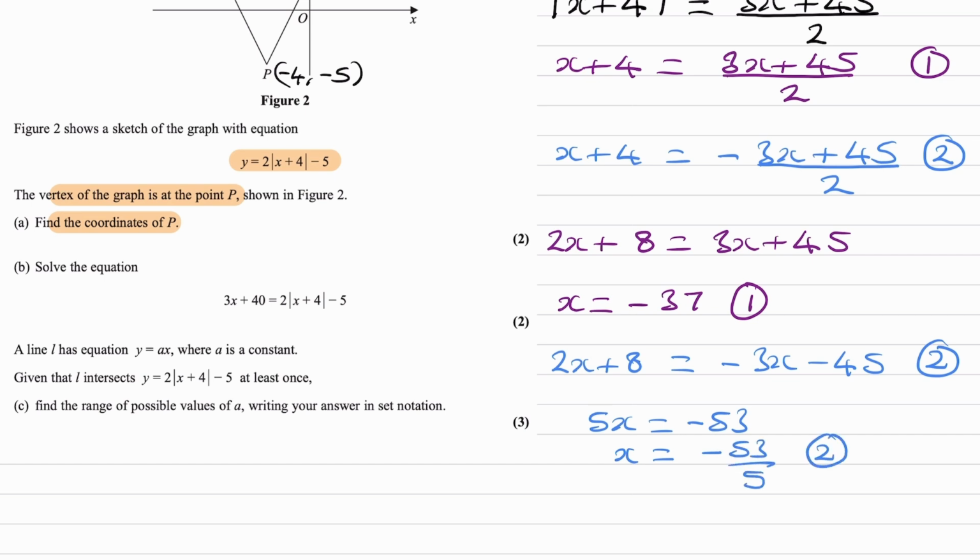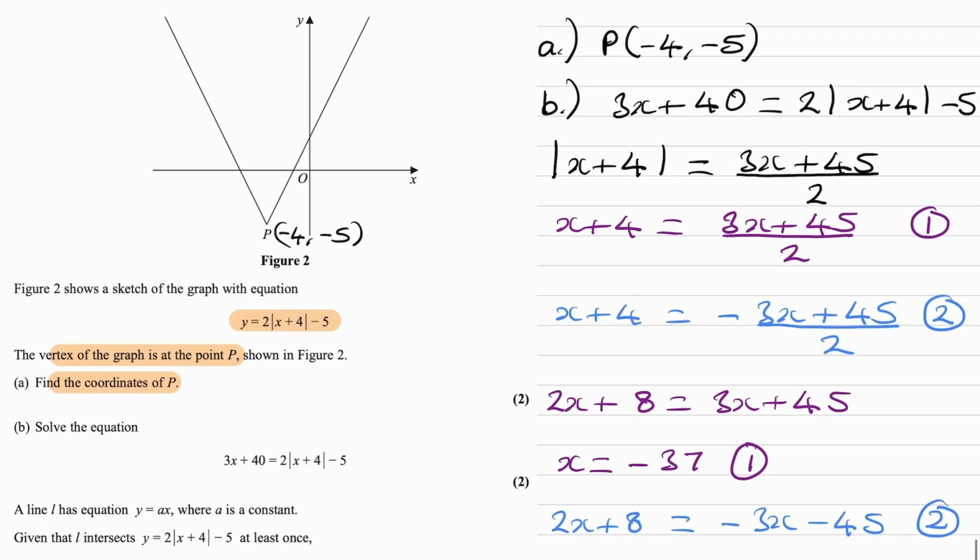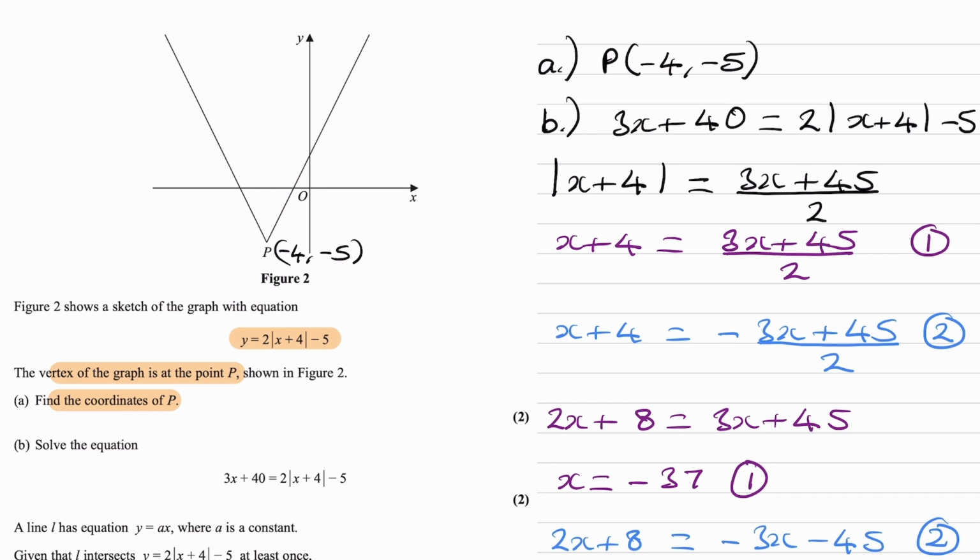Right, so we have 2 solutions, this one and this one. So that's pretty straightforward. There is one check that we always have to make, and that's to put these 2 solutions back into our equation to see if they work. As we're applying the modulus symbol to x plus 4, that means this term must be positive. If the modulus of x plus 4 is equal to what we have on the right-hand side here, then 3x plus 45 over 2 must also be positive.